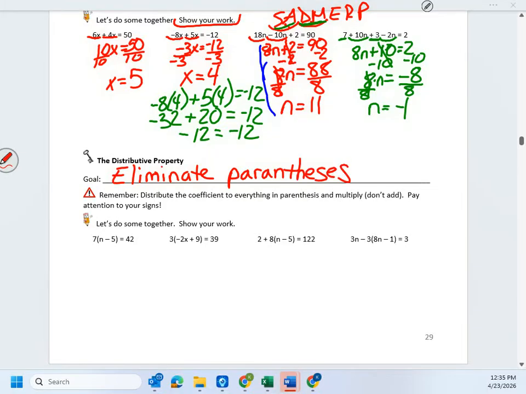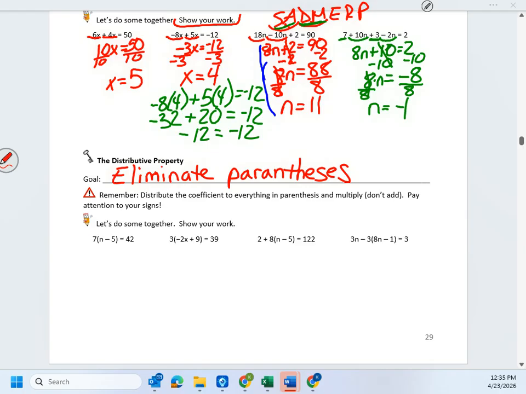We wanted to get rid of those parentheses, so we multiplied through that number that was on the outside of the parentheses, so we could take off the parentheses. So now I'm giving us another new first step. Parentheses, if you have them, is your first step. Doing that distributive property. Then, what would our second step be?